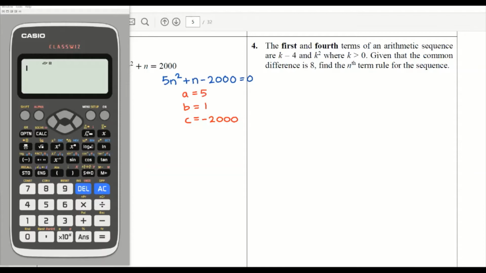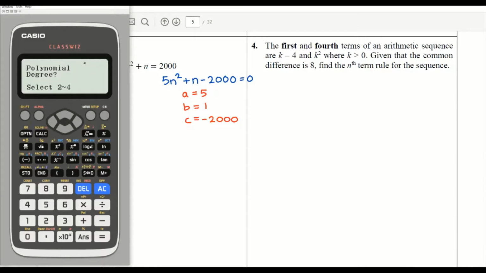Okay. So on your ClassWiz, if we just select the menu, and if we go down to equation solver, which you've used before, okay, we'll select that. Remember, a quadratic is a degree 2 polynomial, so we'll select polynomial degree 2.